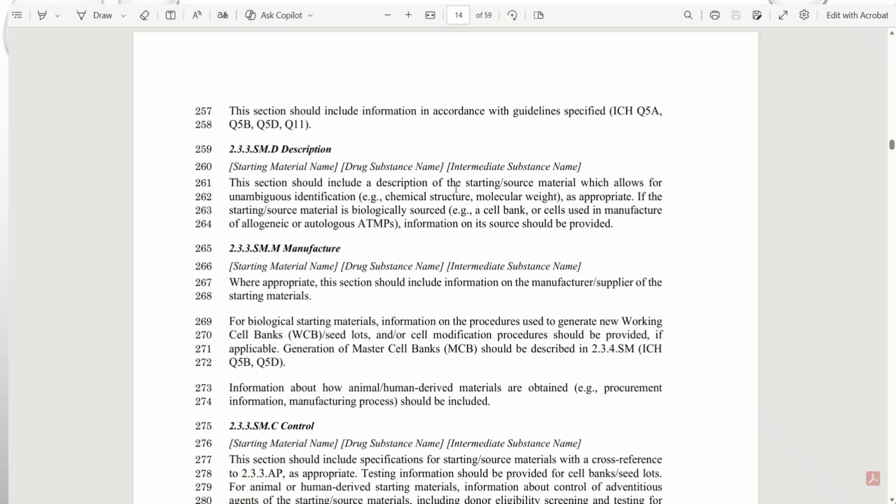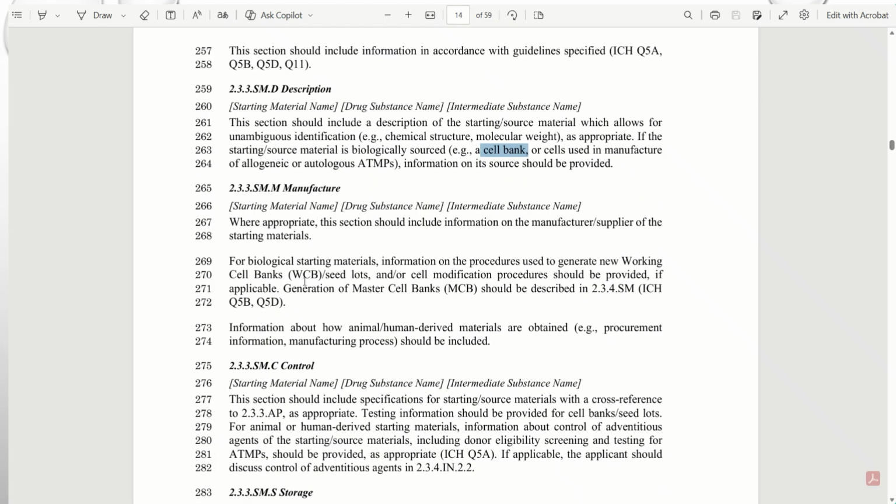This section should include a description of the starting material. If starting material is sourced biologically, e.g. cell banks or cells used for the manufacture of allogeneic and autologous ATMPs. So that's the initial cellular starting material and the cell banks as well. So for biological starting material, information on the procedures used to generate working cell banks, seed lots, and or cell modification procedures should be provided if applicable.